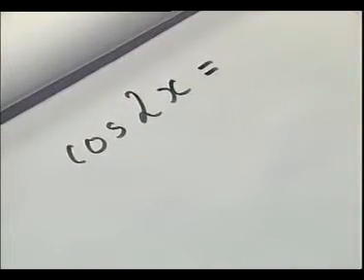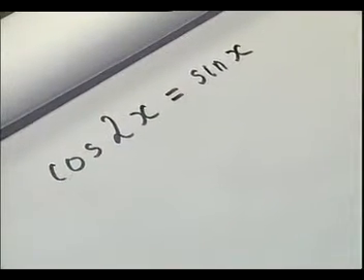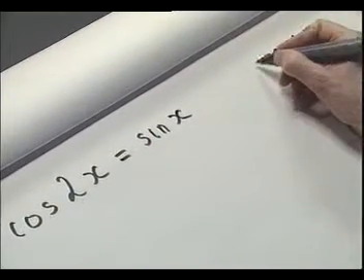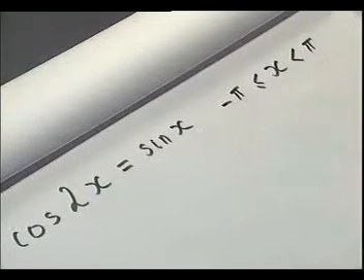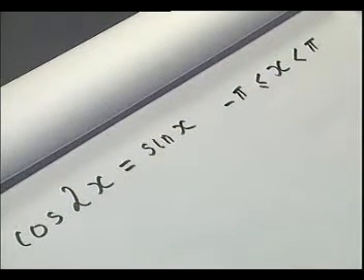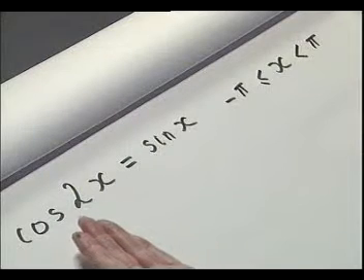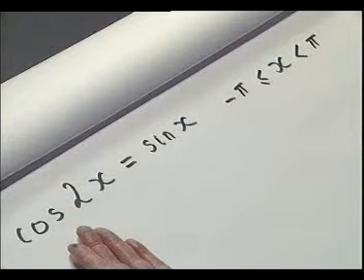Let's take cos 2x is equal to sine x. And let's take a range of values for x, which puts x between plus and minus pi. Again, I've deliberately chosen cos 2x because we have a choice. We have 3 possibilities.